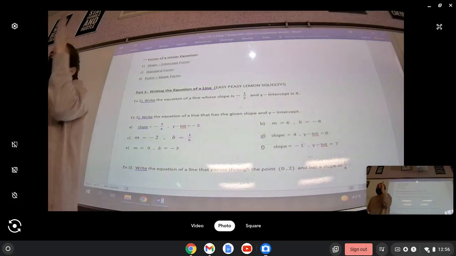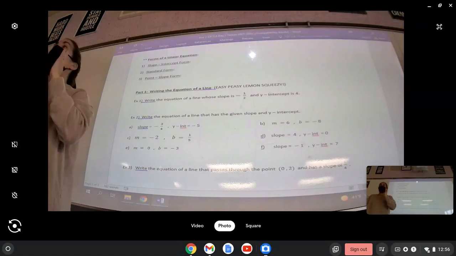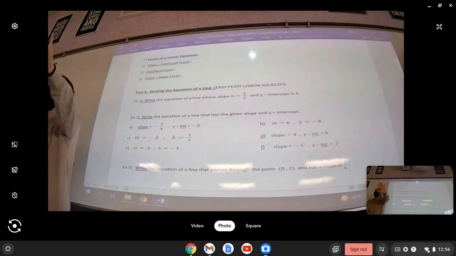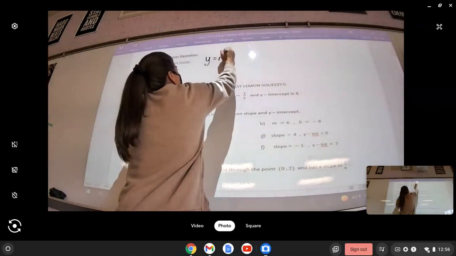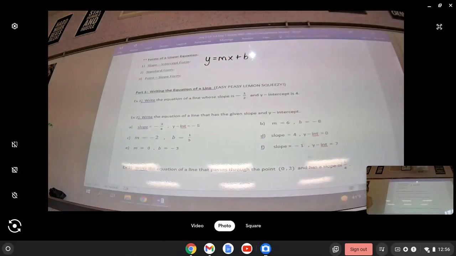If you are going to be asked to write the equation of a line, the equation of a line can come in different forms. So there is slope-intercept form of a line. That's everybody's favorite, hopefully, and that's just good old y equals mx plus b. Now, I think I made you guys do this yesterday.